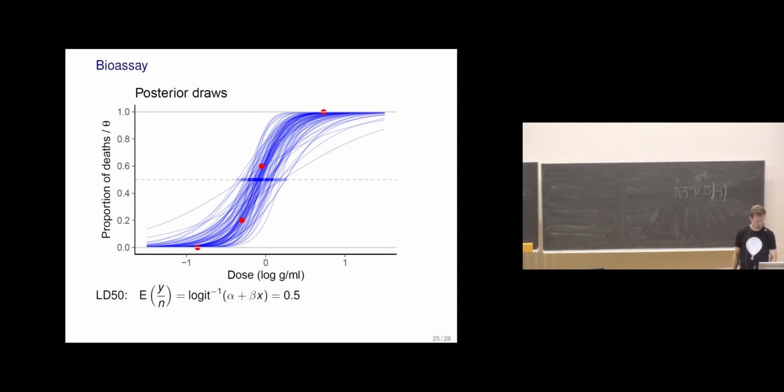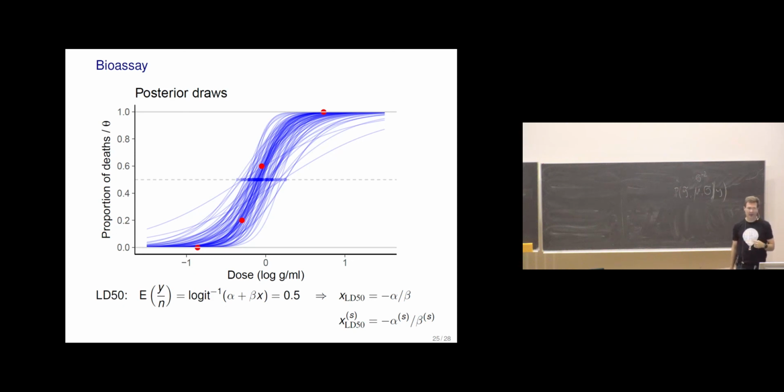And these blue dots now tell our uncertainty about LD50. We can also, from this inverse logit equation, solve that this crossing happens at the value minus alpha divided by beta. And the x values of these blue dots are now these posterior draws.